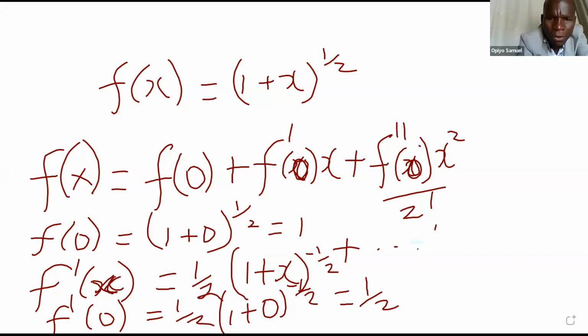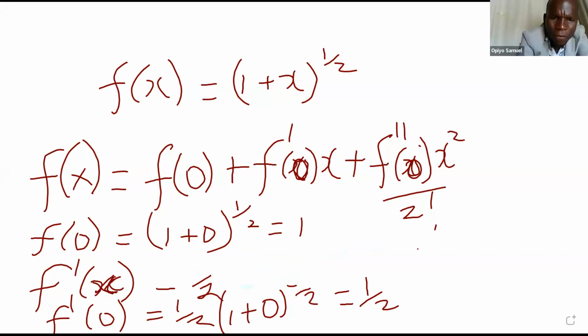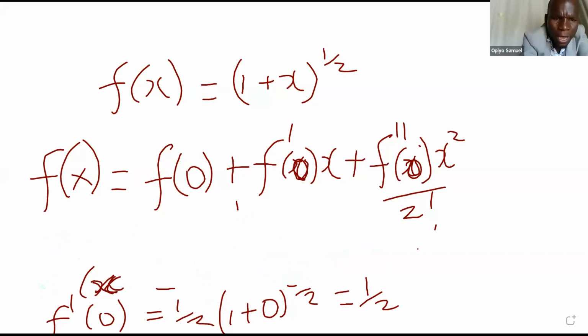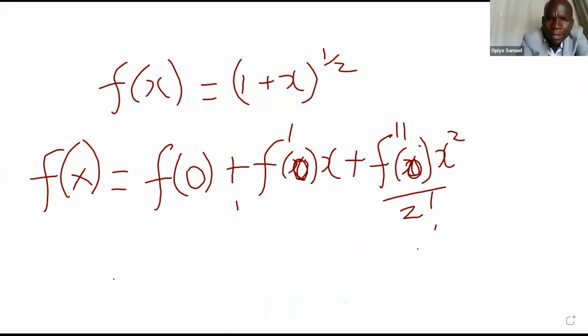I'm going to clear to give us space for writing. So f of 0 we have found is 1. F prime of 0 we have found is a half. So I clear. We now go and again determine the second derivative.